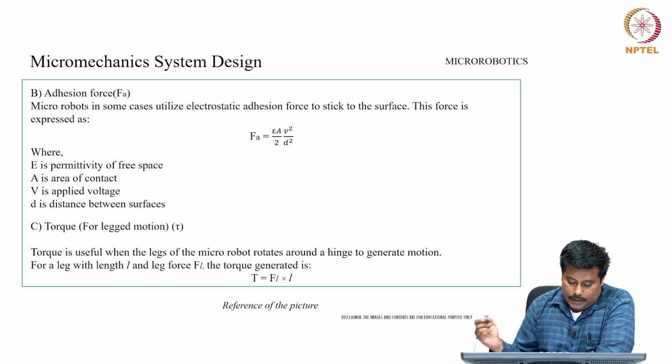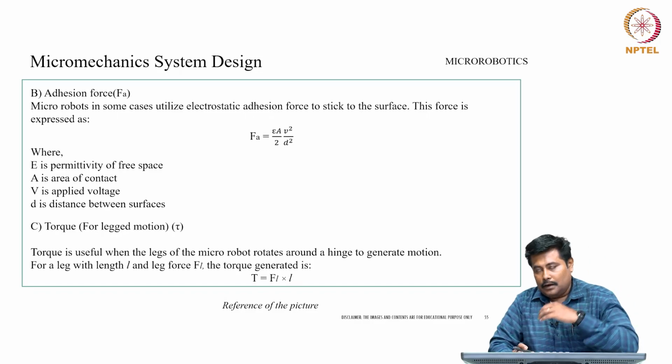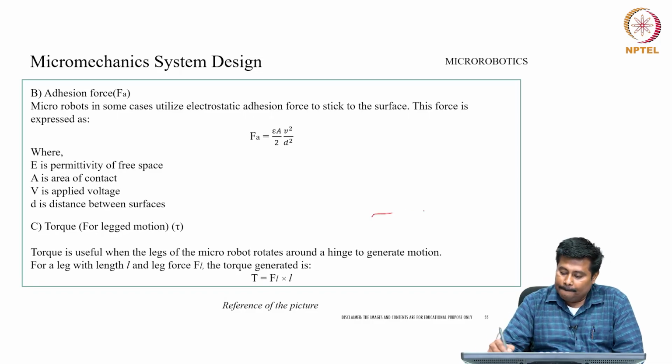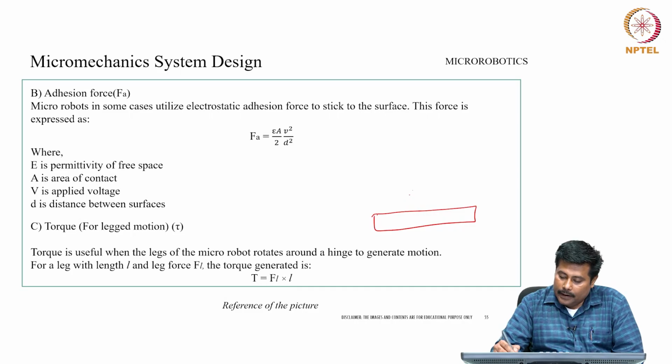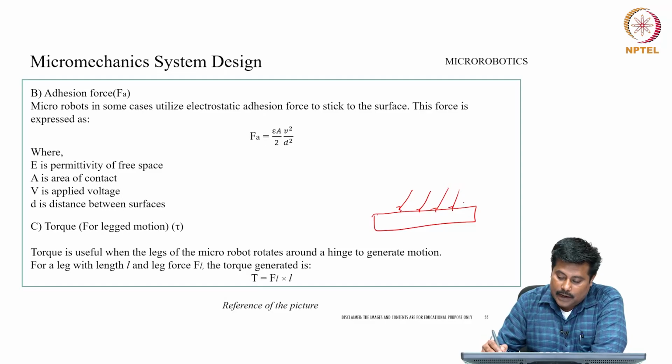Similarly, in this particular case, once again we have a micro robot. In some cases there is an electrostatic adhesion force which sticks it to the surface. Let us consider a legged robot. In the case of a legged robot, the adhesion of the robot to the surface will have an impact on the motion.